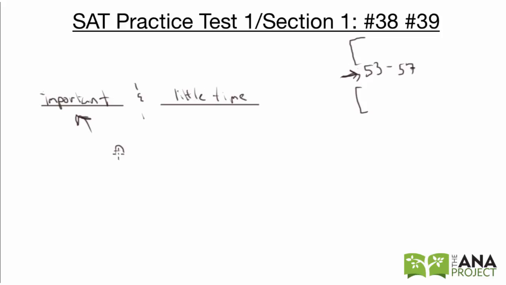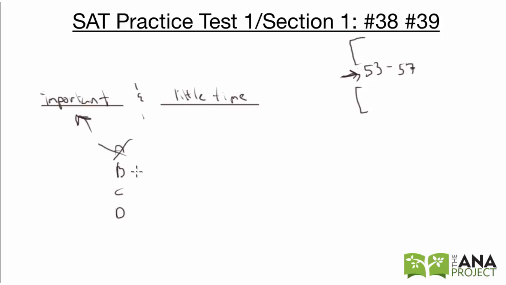Now let's go to the answer choices, A, B, C, and D. Let's take a look. Controversial and threatening. Let's just look at the first one. Controversial: is controversial important? No. Weighty and unanswerable?